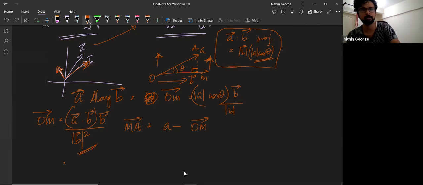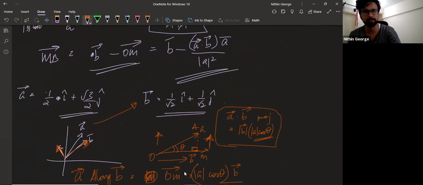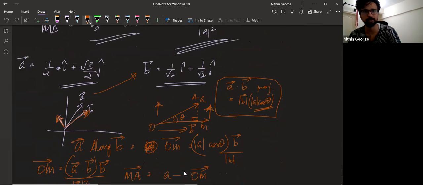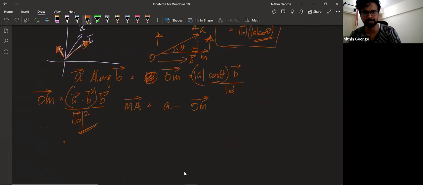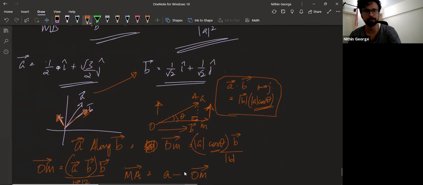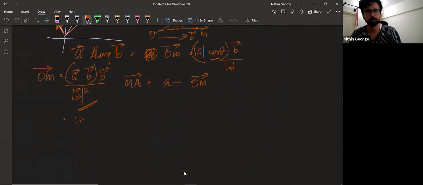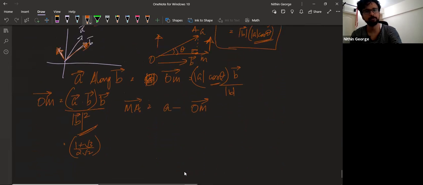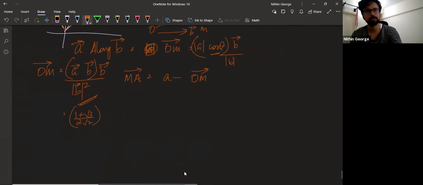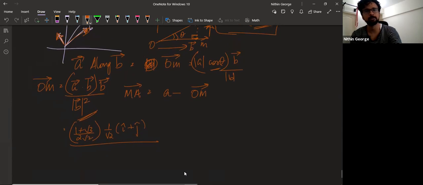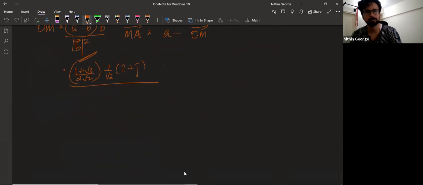OM vector, how do I find it? I just do the dot product of these two in the numerator. I don't even need to find the angle. This becomes 1 by 2 root 2 plus root 3 by 2 root 2, into the B vector, which is 1 by root 2 into i cap plus j cap, divided by B vector squared, which is 1 square.